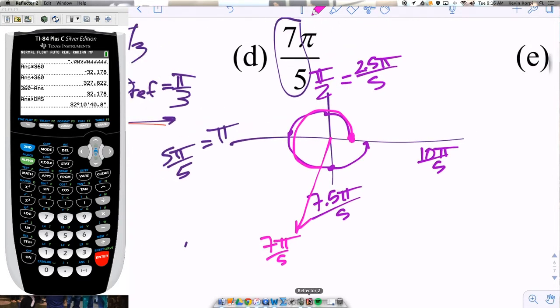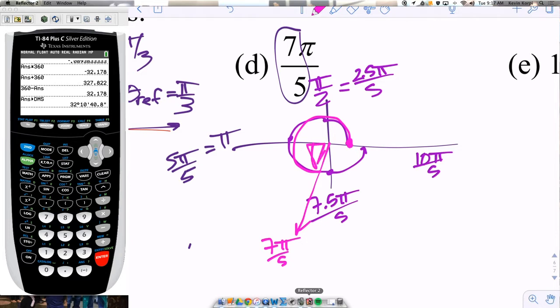Now before we figure out what that is in degrees, here's my question to you. Here's the reference angle right there. It's the measure between the closest x-axis, which is 180 or pi, and 7 pi fifths. What is the reference angle? 0.5? Remember, it's easy to call it 0.5 because notice the terminal ray is only a half of a pi fifths away from the y-axis. But the reference angle always measures the rotation between the terminal ray and the closest what axis?